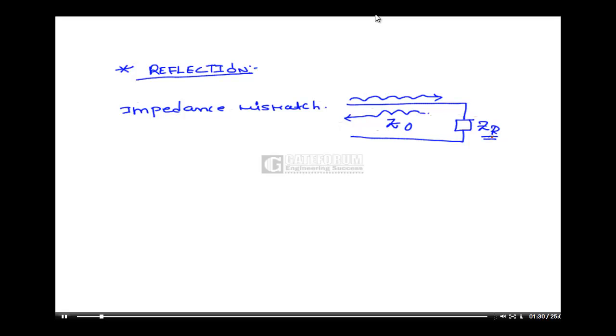The load is terminated with some load ZR value. So what happens? Obviously there is some reflection back from the load end to the sending end. Generally this reflection occurs when there is an impedance irregularity, that is, the termination impedance is not equal to the characteristic impedance of the line.